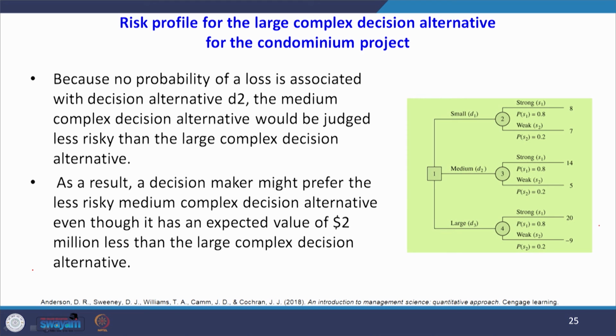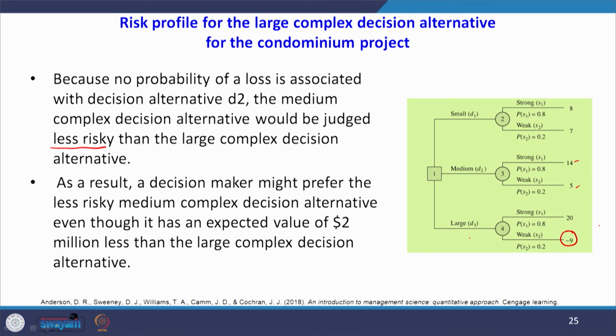Because no probability of loss is associated with decision alternative D2, the medium complex decision alternative would be judged less risky than the large complex decision alternative. Look at D2 and D3. In D3 there is a chance for loss, but in D2 there is no chance for loss.